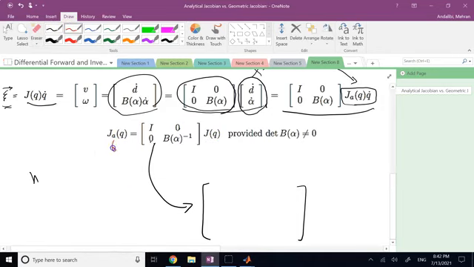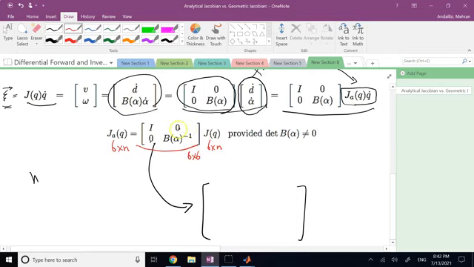Remember, they are both 6 by n. Correct? So what's the dimension of this matrix? What would you multiply by 6 by n to get another 6 by n? Of course, 6 by 6. So this matrix is always 6 by 6.